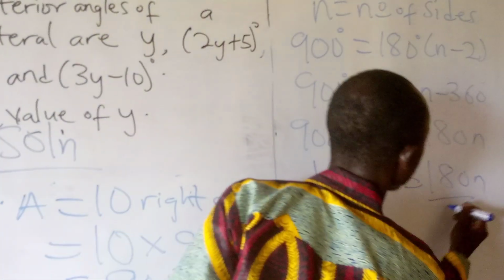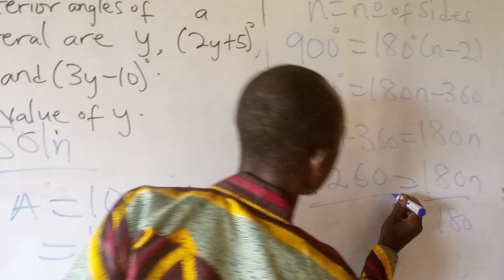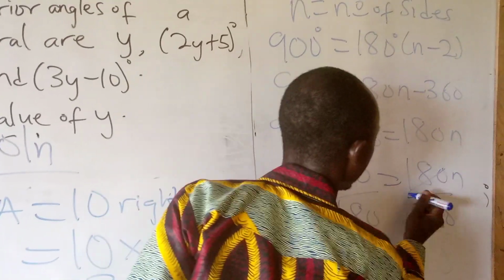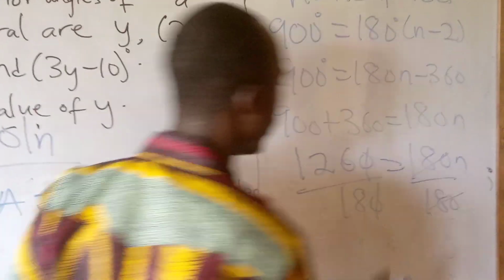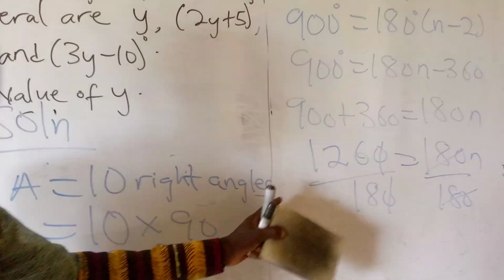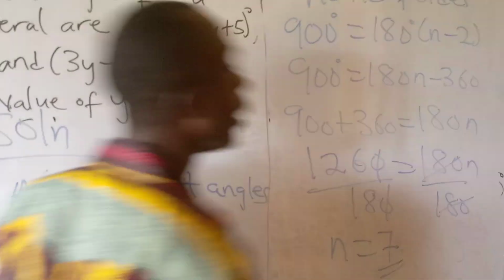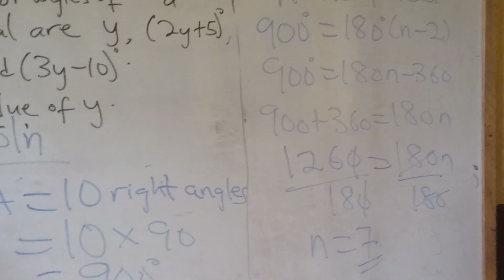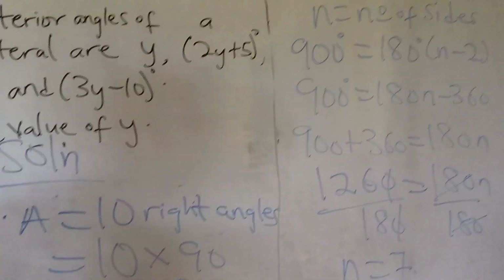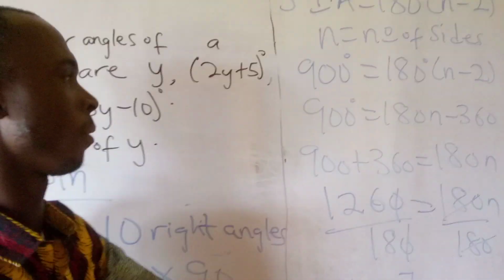You divide both sides by 180 because the coefficient of n is 180. This cancels this, and 18 goes into 126 seven times. You can take your calculator and check whether what I'm saying is a lie. n is 7.